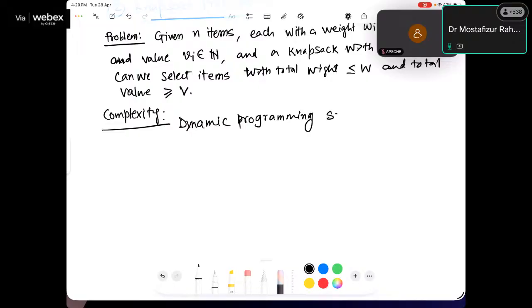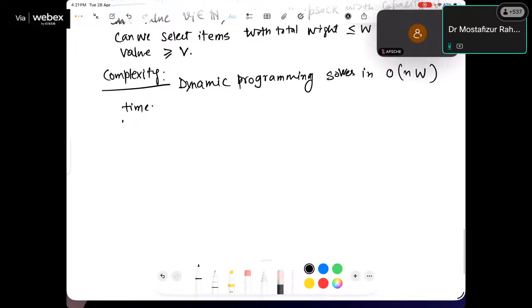So if you solve the knapsack problem using dynamic programming, it solves in order of NW time, but W can be exponential in input size.